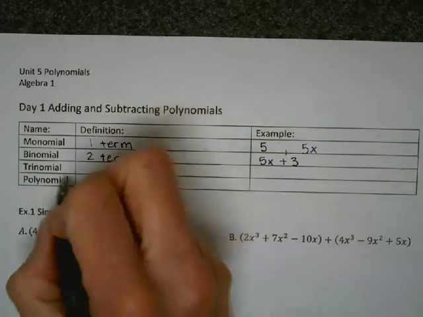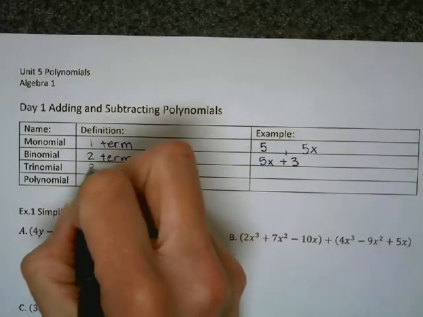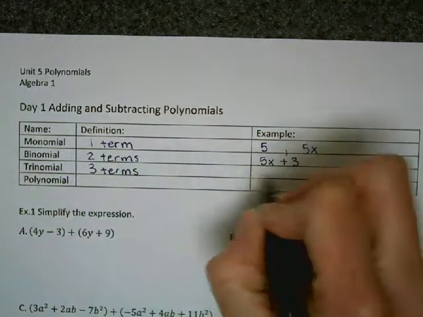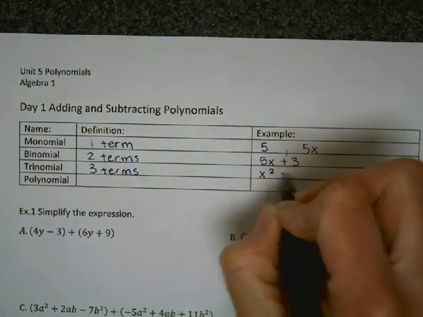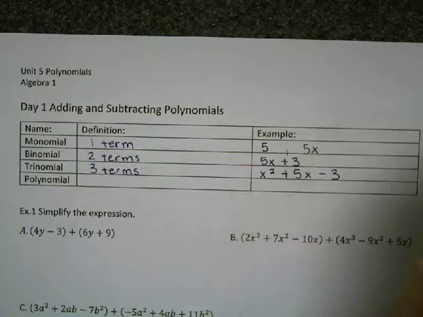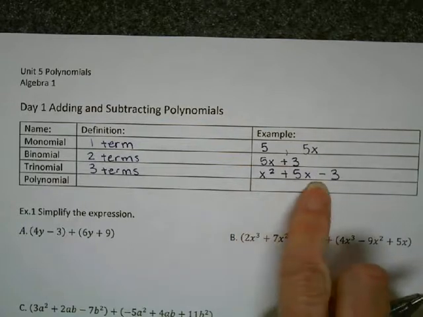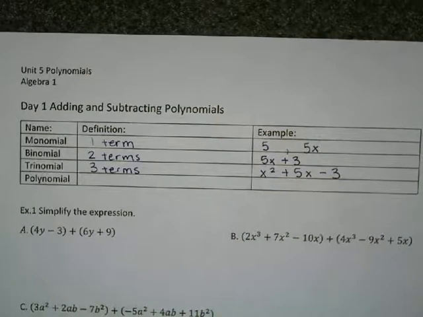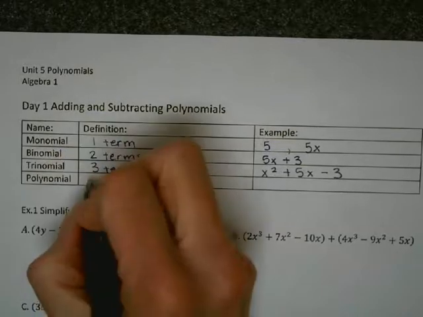You can probably guess trinomials are three terms. So let's say we add in like an x squared plus 5x, minus 3. These are separated by a plus sign or a minus sign, and they represent three terms. Polynomial, which is what we're talking about today, adding and subtracting polynomials, refers to many terms.